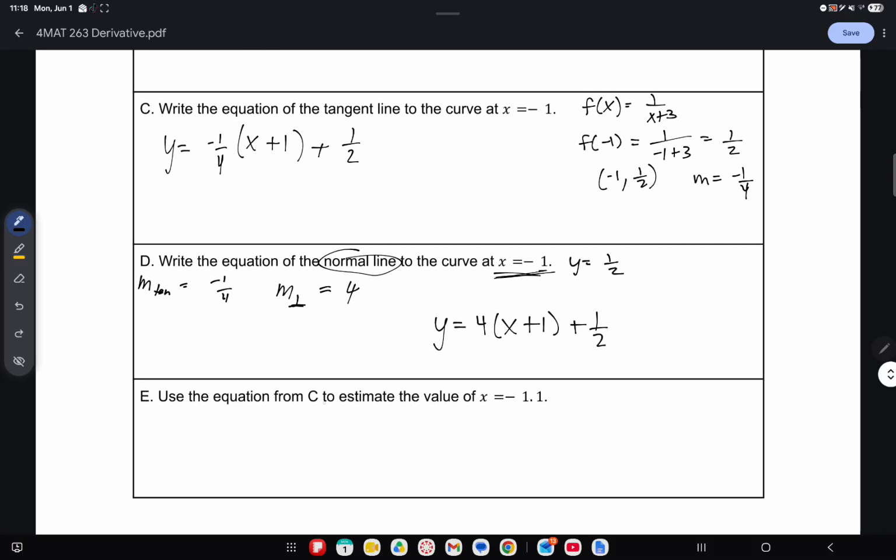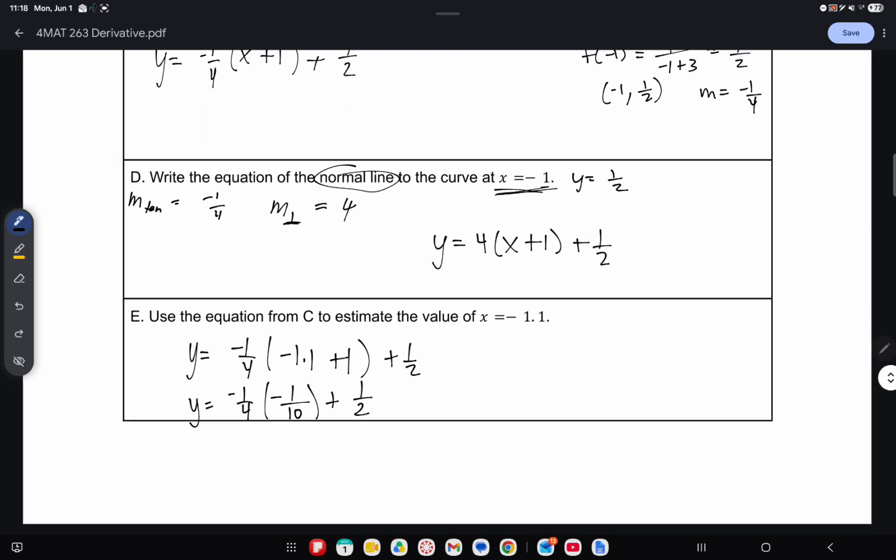All right, use the equation from C to estimate a value. So, y equals -1/4 times -1.1 plus 1 plus 1/2. So let's see, we have -1/4 times... that's going to give me -1/10, or -0.1. I'm going to turn it into a fraction just so I don't have to pull out a calculator.